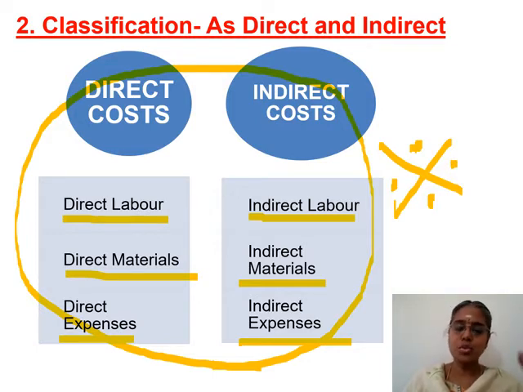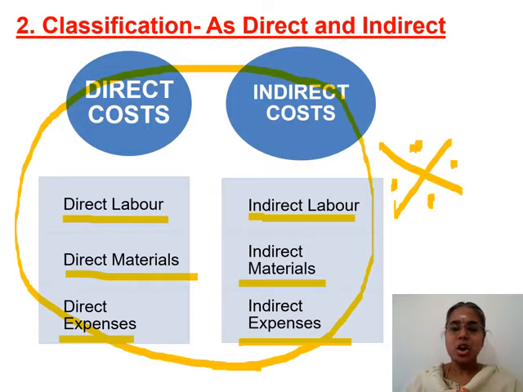Without this base, you cannot do any calculations further, and any other classification is also dependent on this, especially production cost. This is the main aspect in your cost sheet, so understanding this is very necessary.